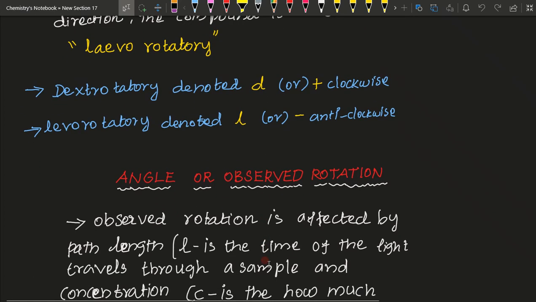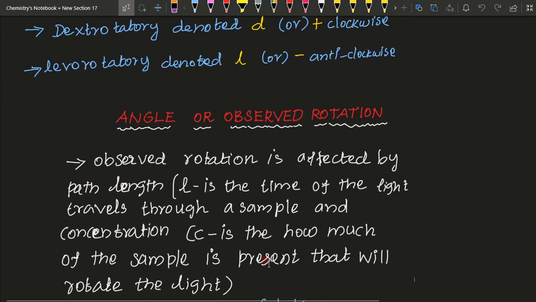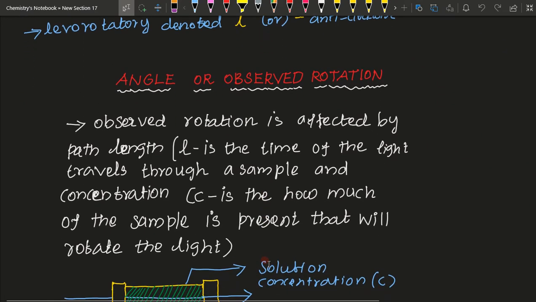The observed rotation angle is affected by the path length of light. L is the distance the light travels through the sample, and concentration C is how much of the sample is present that will rotate the light.